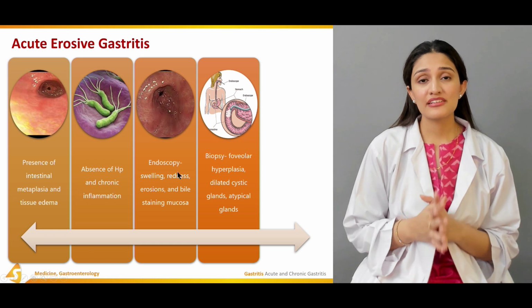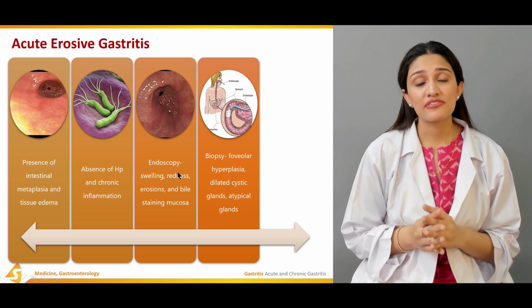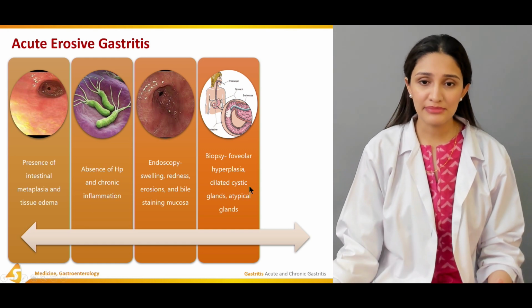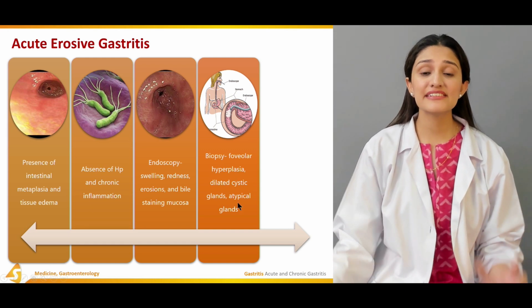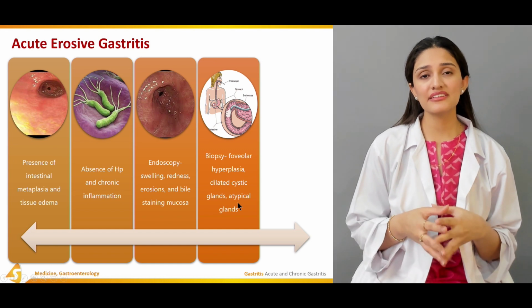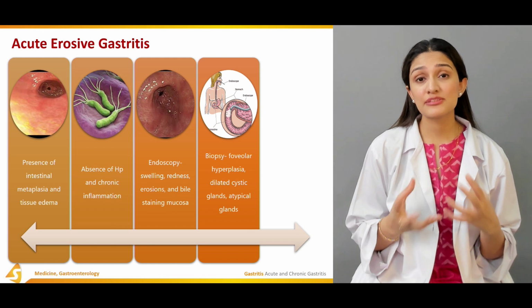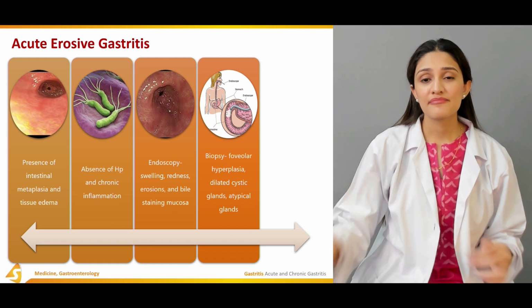And if you take a biopsy picture of the acute erosive gastritis, you can see foveolar hyperplasia, dilated cystic glands, and atypical glands. The atypical glands can also be misdiagnosed as dysplasia or cancer.